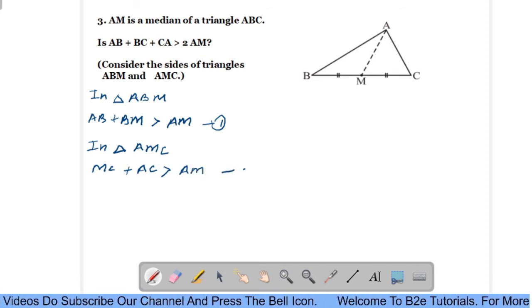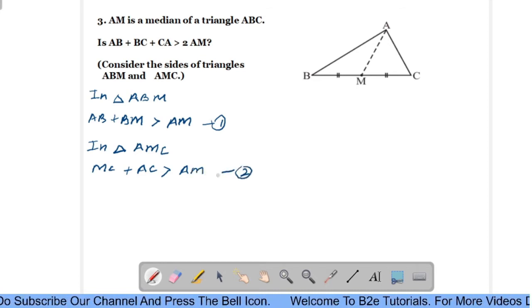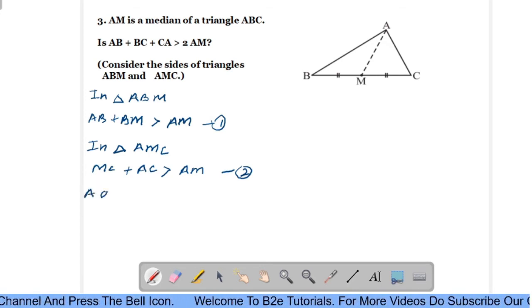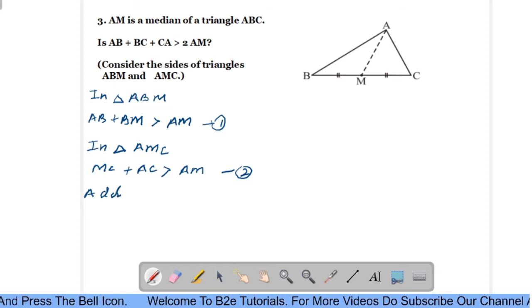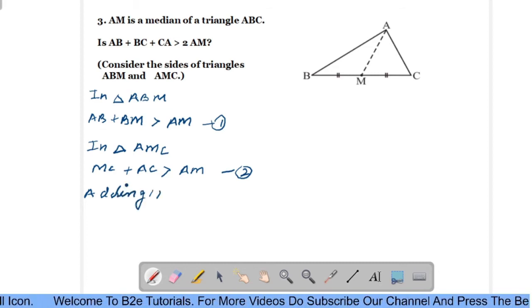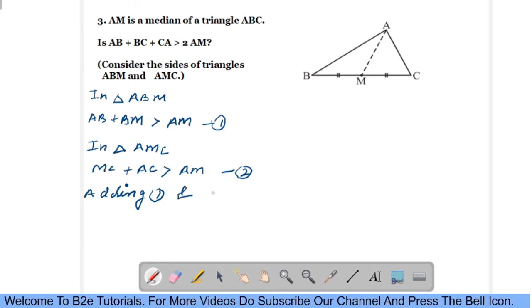Write this as second equation. Now adding equation 1 and 2.